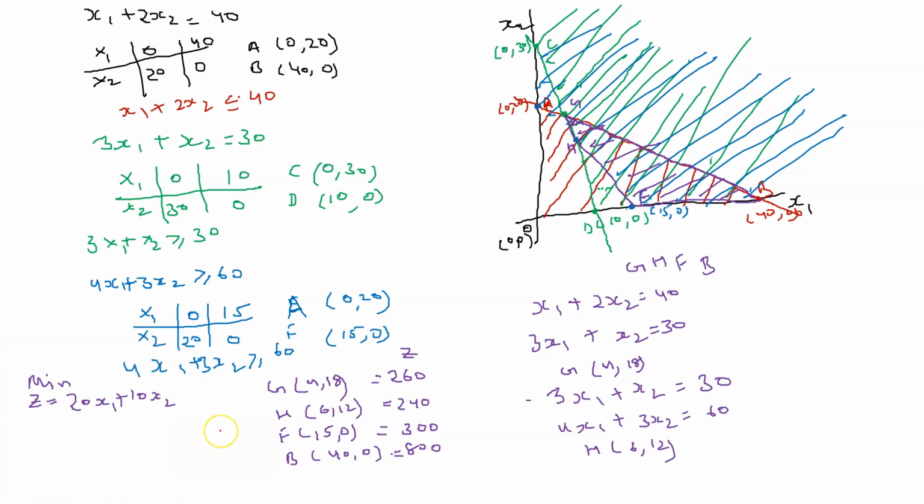The minimum value is 240. So this is our solution. At point H, we have the minimum value for the objective function.